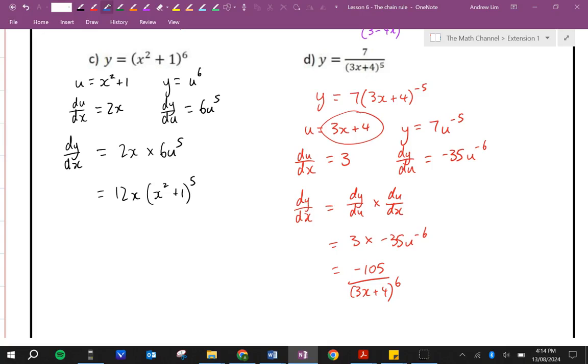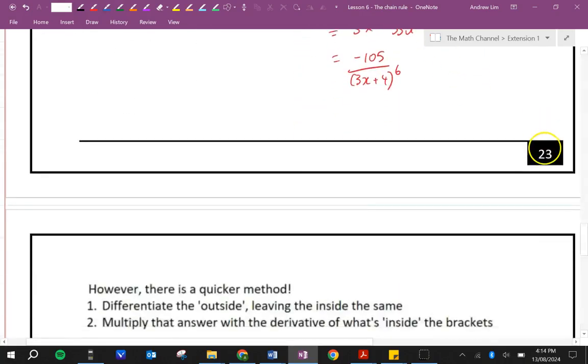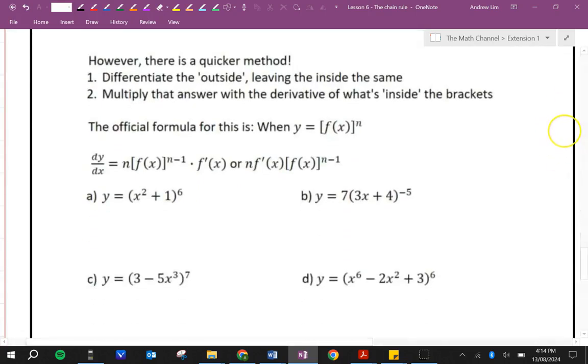Now that's the official way to do it, but there is a shortcut method. Right, so let's have a look at this quicker method. What we're going to do is differentiate the outside, leaving the inside the same, and then multiply that answer with the derivative of what's inside the brackets.